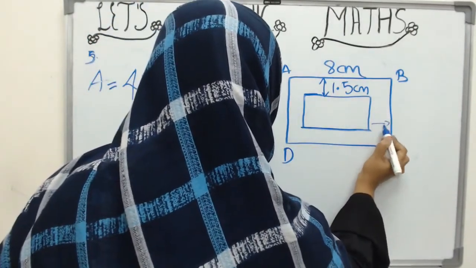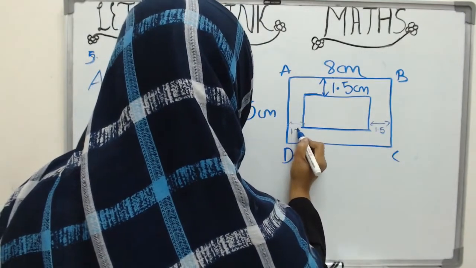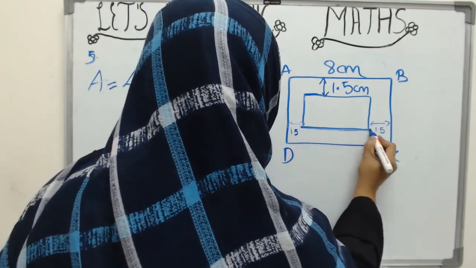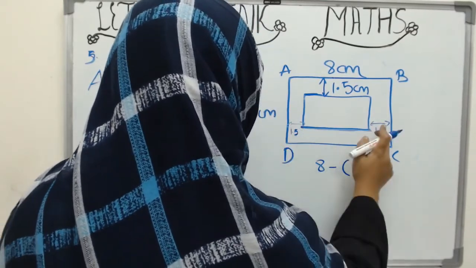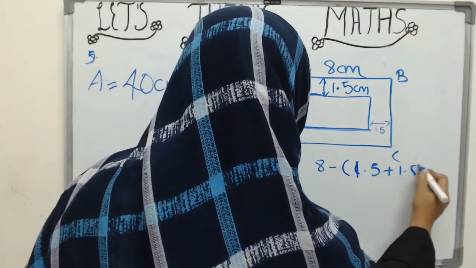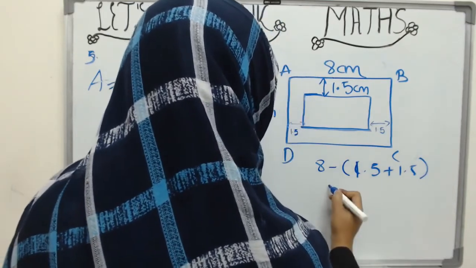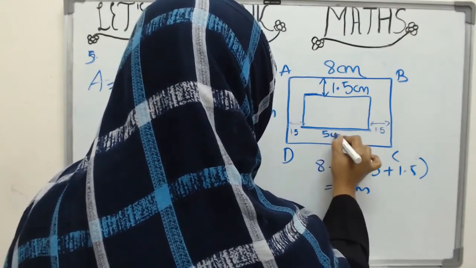And we are leaving 1.5 here. And we are leaving 1.5 here. So how much will this be? This will be 8 minus 1.5 plus 1.5, which is 3. So 8 minus 3 would be 5 centimeter, right? So this much is 5 centimeter.